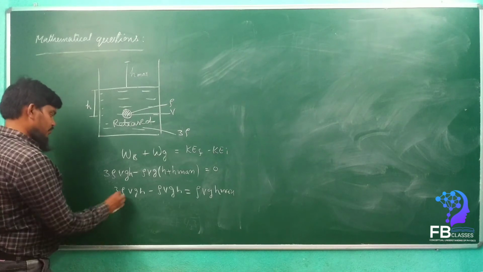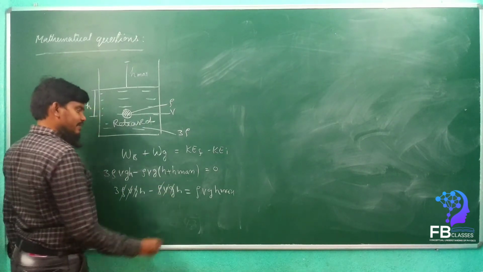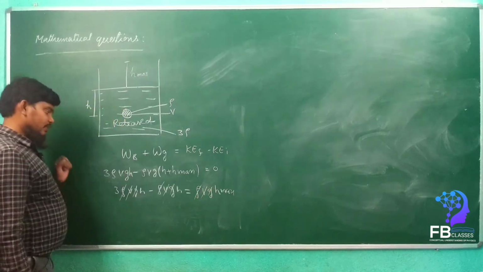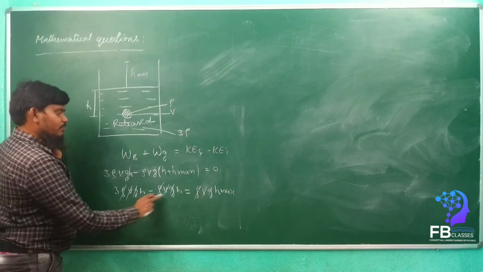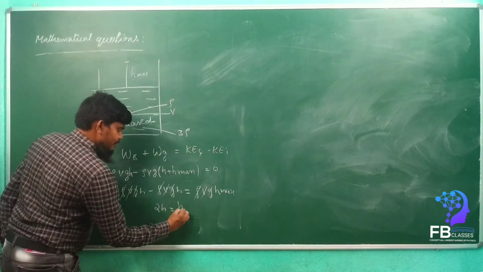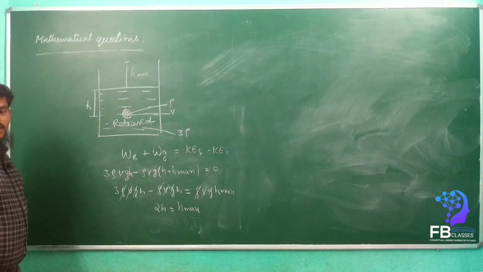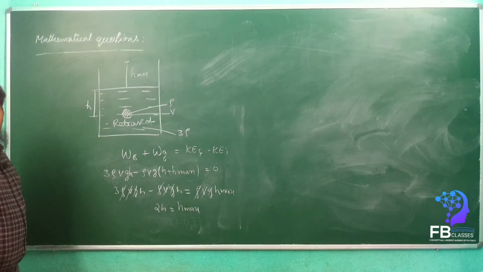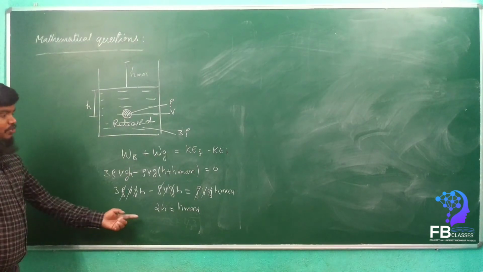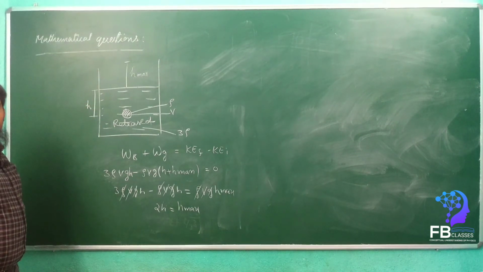From everywhere rho V g gets cancelled. Here also rho V g gets cancelled. 3h minus h is 2h. So 2h is equal to h max. This is the answer. Are you getting my point? Got it, everyone? h max is equal to 2h, so it will go up to a height of 2h.